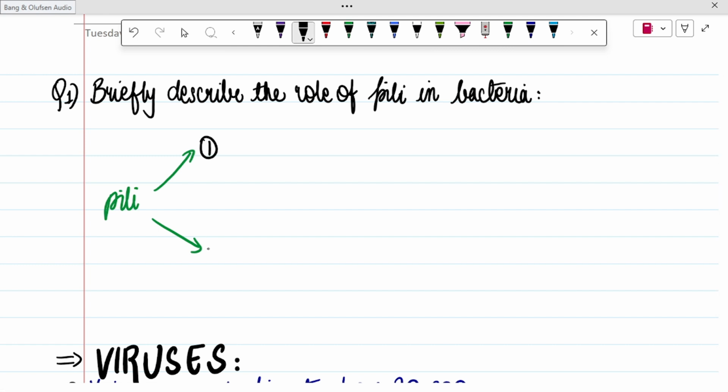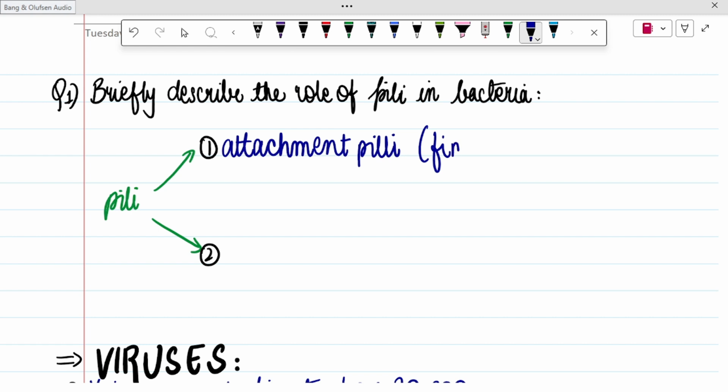One of them is known as attachment pili, and as the name suggests, it will help your bacteria to attach to a particular surface, also known as fimbriae. And the second one is your sex pili.